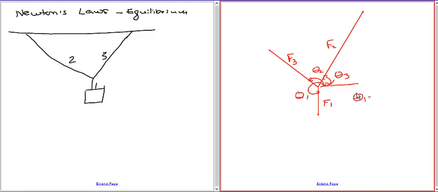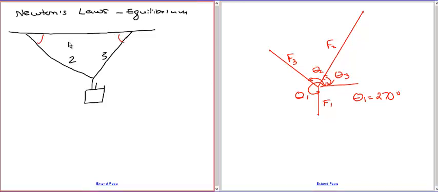Obviously theta 1 is equal to 270 degrees. And what I'll do is I'll give you these angles. So this would be theta 3, but this one is not theta 2. Theta 2 is the angle from the positive x-axis over here.